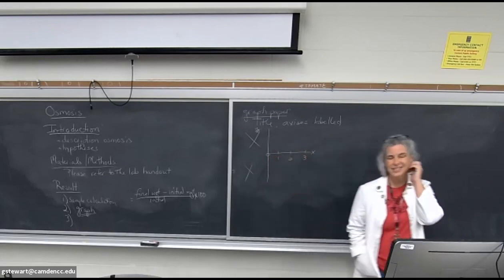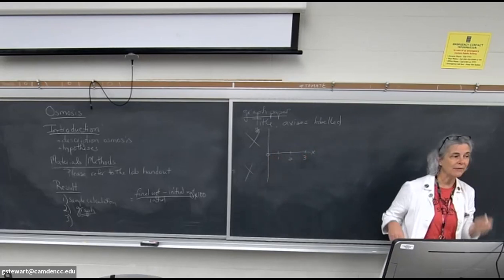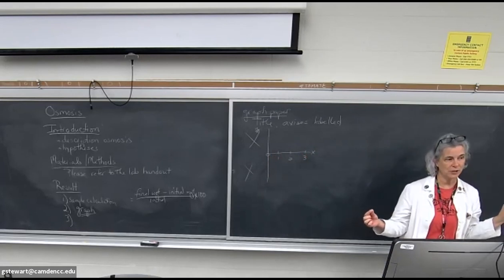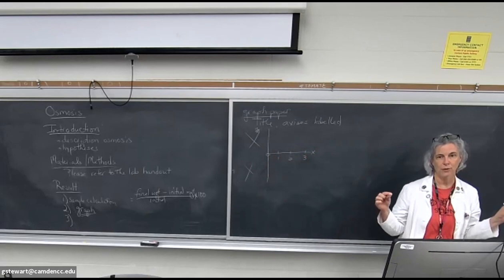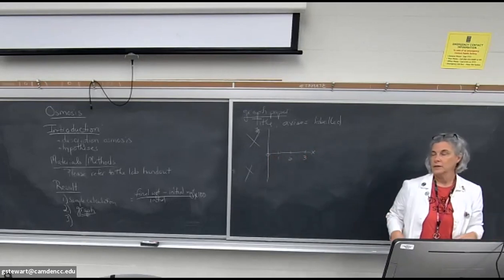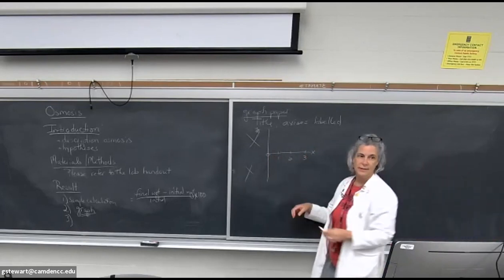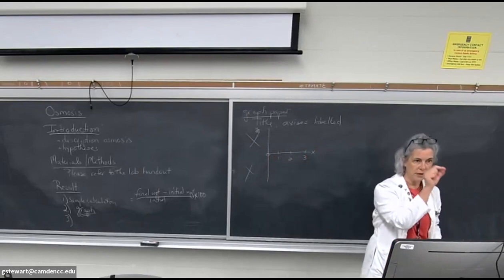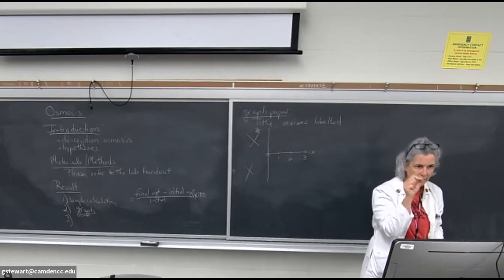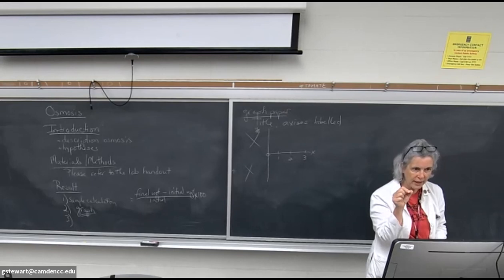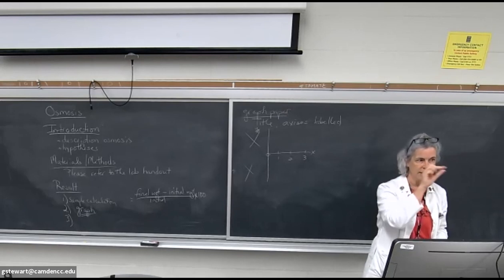I suggested to students in class, I would try to stretch that axis out as much as possible, because it's going to give you a more accurate number for your isotonic, what is potentially isotonic for this solution. So do not just put 0, first box 1, second box 2, third box 3 on your graph paper. Right? Stretch it out.